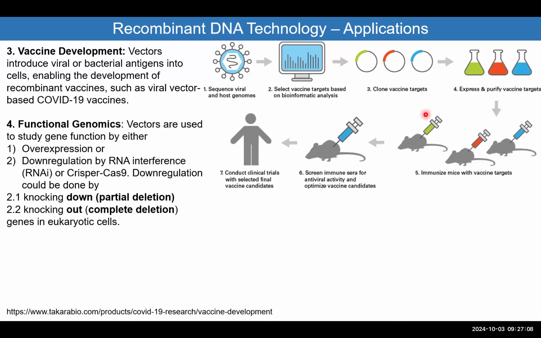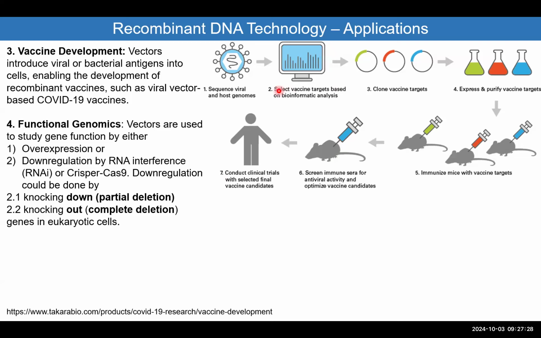And once the mice react to that protein, we would be able to take the serum and isolate the antibodies or the vaccine. Now, I'm not trying to ask you questions about the vaccine itself.